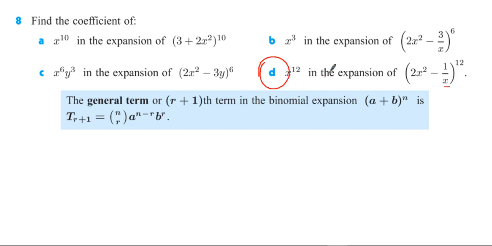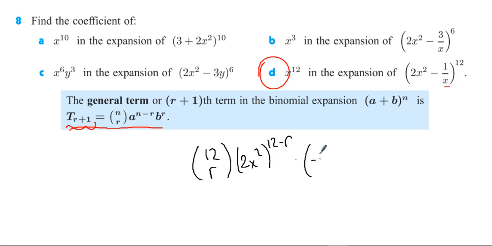So let's say I don't know this term. Let it be the (r+1)th term. I will just use this formula, this property. I don't know which term this is, but I know the x must be to the power 12, so I will just write 12. I don't know which term, that's why I put r. 12 combination r, 2x squared to the power 12 minus r, right, times minus 1 by x to the power r.